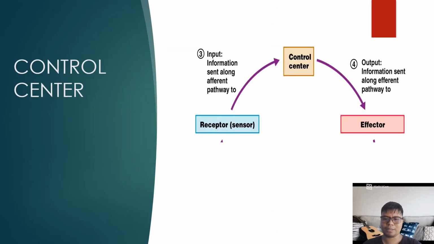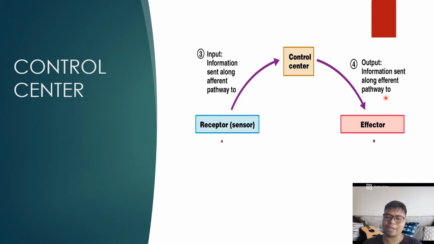Okay, next we have the control center. In this case, we have the central nervous system. From the word itself, the control center will direct the message. So in this case, the output will come from it. Here we have the output. The information is sent along the efferent pathway.